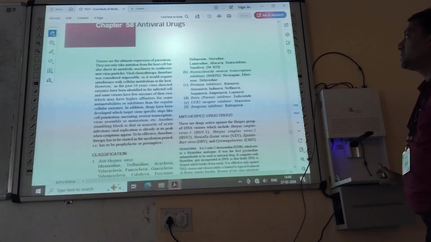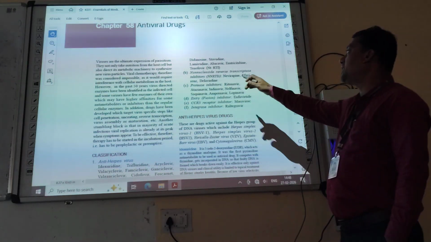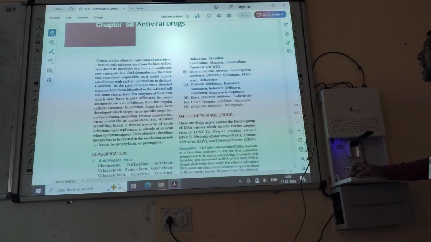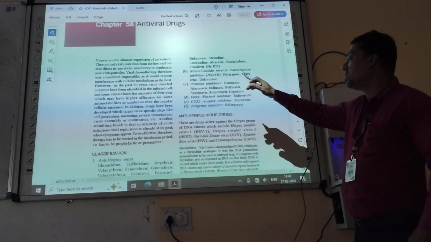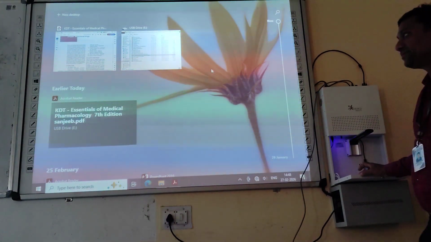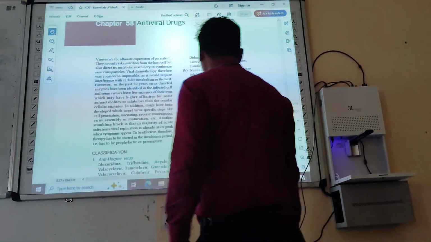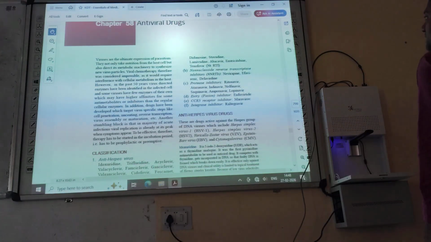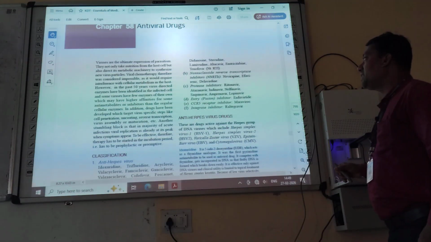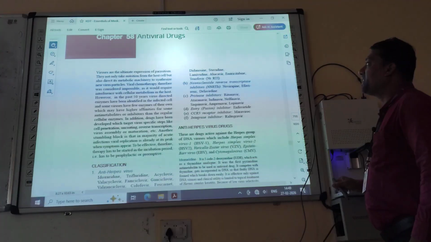Then number B is non-nucleoside reverse transcriptase inhibitors, NNRTIs. The examples are nevirapine, efavirenz.